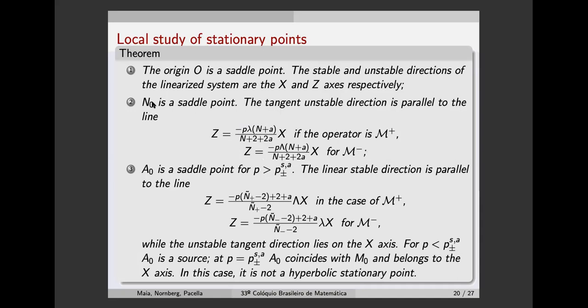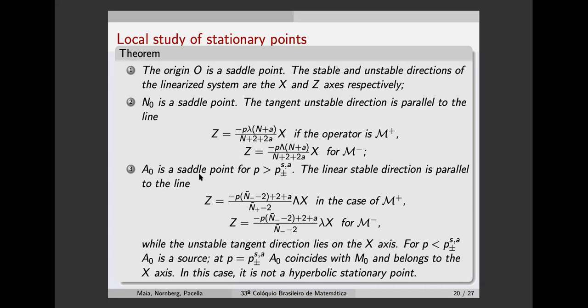And at N0, there is a stable manifold, which is the vertical line. Points at the vertical line arrive at N0 as time goes to plus infinity.